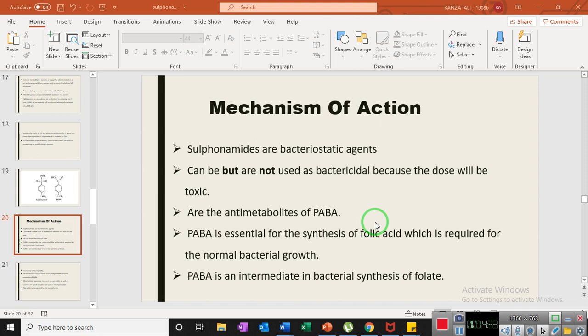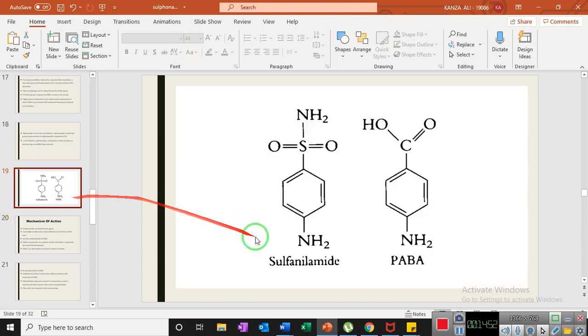We have just talked about how antimetabolites are compounds which can enter the pathway. Here PABA is one of the compounds, that is para-aminobenzoic acid. You can see the compounds have almost the same structure.